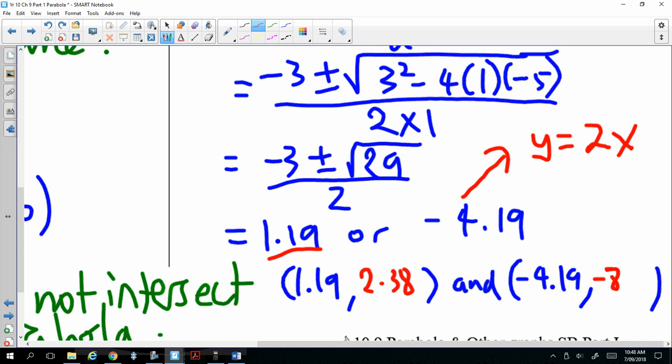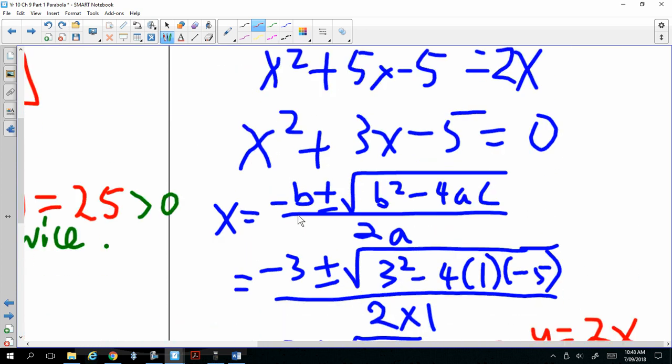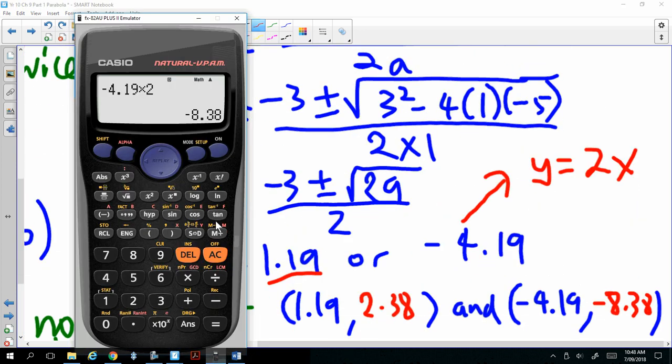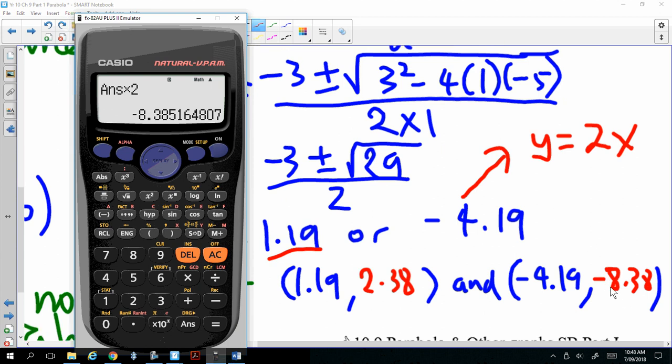Actually, it's a bit different from the answers I have on the top because I rounded my answer. Now, if you didn't round, you will get more exact. So say I did this again, equal, right? I double the answer. If you round this to 2 decimal places, you get 39 instead of 38, right? So you lost some information through the rounding. So you should get a 9 instead of 8.